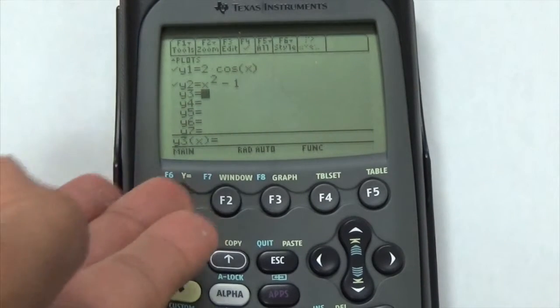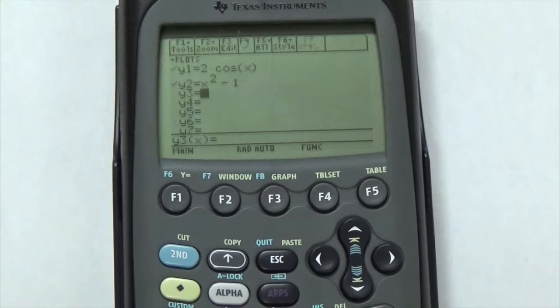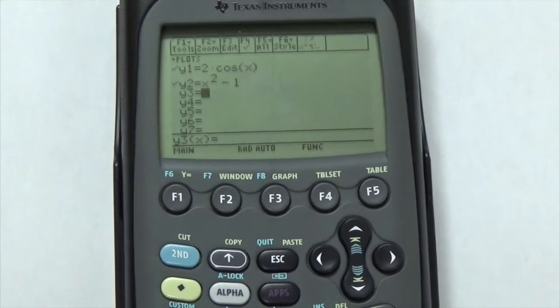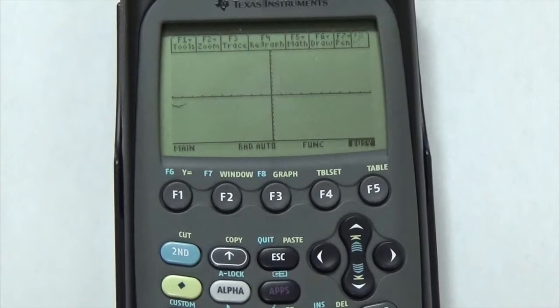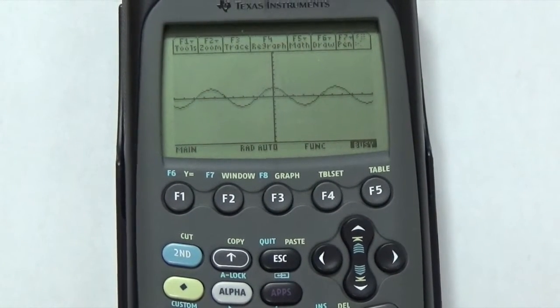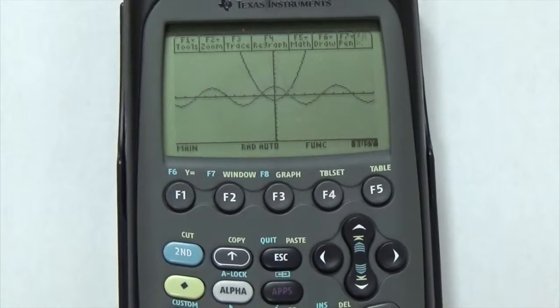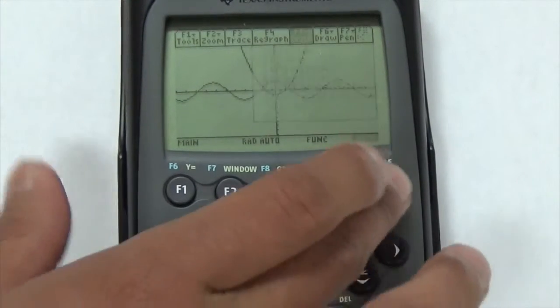Here I have already predetermined what I'm going to graph. I'm just going to show you guys how to graph this really quick on the TI-89 that we all have. So we're going to go to graph, and we're going to find out what that looks like. So there you go. So now also on the TI-89, we can go over here to F5.